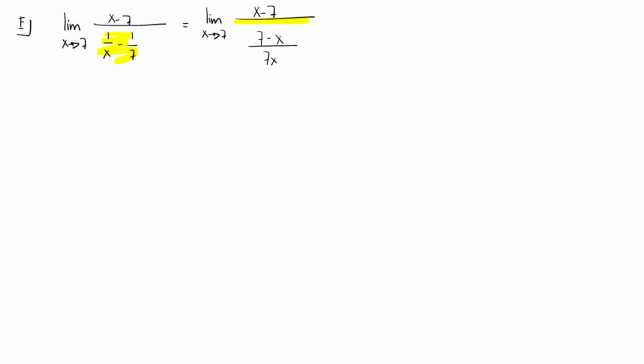We're going to get rid of that by multiplying by the reciprocal of the denominator. Sorry, that's wrong. I should say limit as x tends to 7. Okay. And then we have x minus 7 over 1 times the reciprocal of the denominator, 7x over 7 minus x.